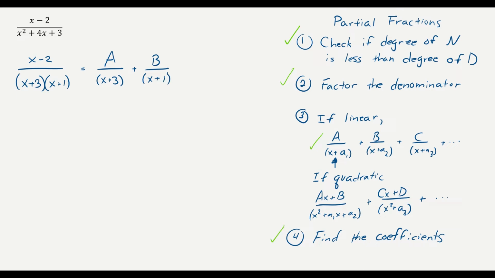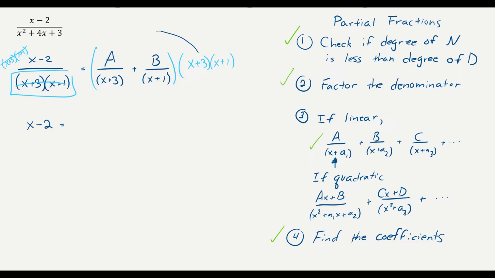Now we've got to find the coefficients. To do that, here's the math of it. We multiply both sides by our LCD, which is this. So basically you multiply by the denominator of the original. I'm multiplying the left by it, and I'm multiplying the right side. On this side, everything cancels, leaving me just x minus 2.